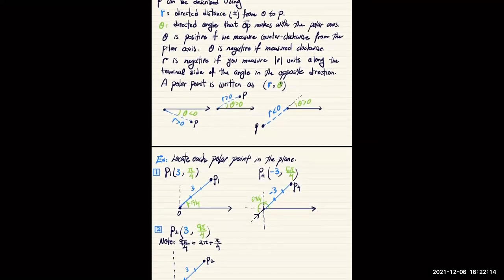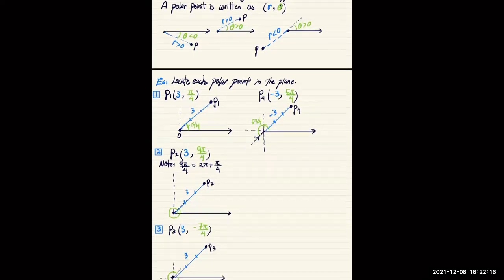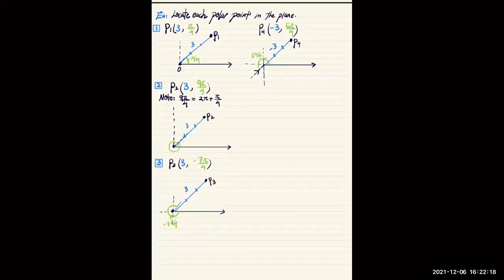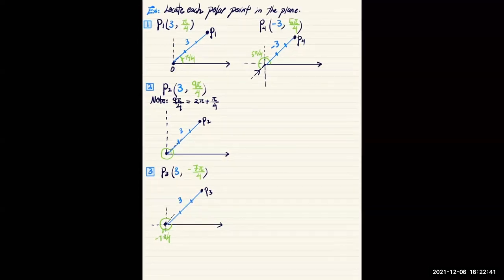Okay, and we saw how to locate these points, which is really the same point but with different addresses. And I intentionally went with these examples because I wanted to show you guys that the address to a location in the polar coordinate system is not unique.